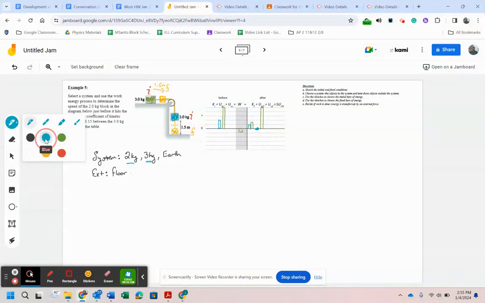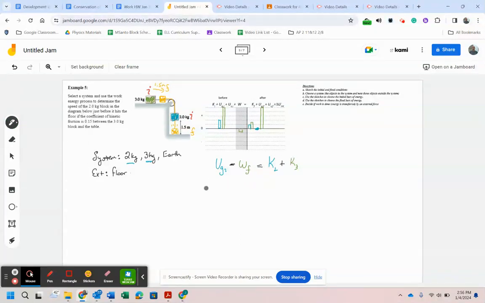So now as we go forward here, all right, we are going to have the gravitational potential energy of 2 minus the work done by the friction on 3 is equal to the kinetic energy of 2 plus the kinetic energy of 3.